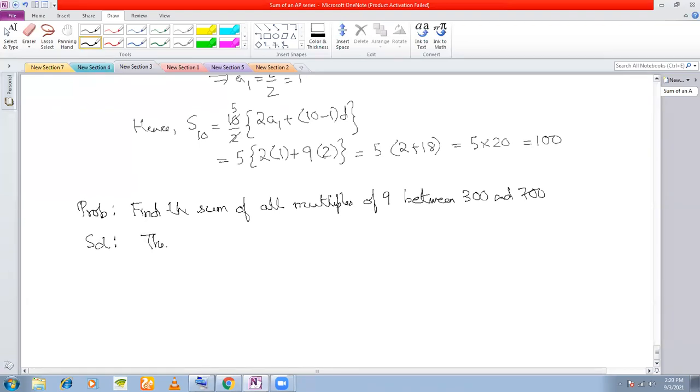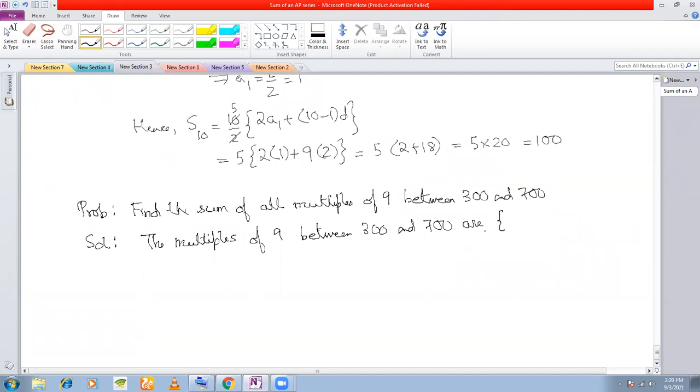The multiples of 9 between 300 and 700 are, what is the first multiple of 9 above 300? Is 301 a multiple of 9? No, because the sum of the digits is not divisible by 9. Is 302? No, the sum of the digits is still not divisible by 9. 303?